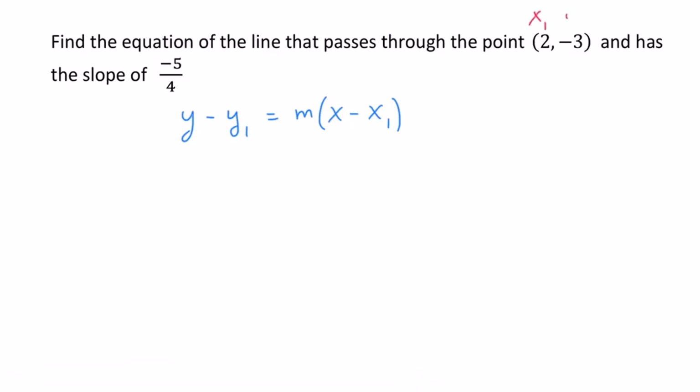This is x sub 1, y sub 1. Plug it in. So we have y minus y sub 1, so that is -3, is equal to the slope, so -5/4 times x minus x sub 1, which is 2.